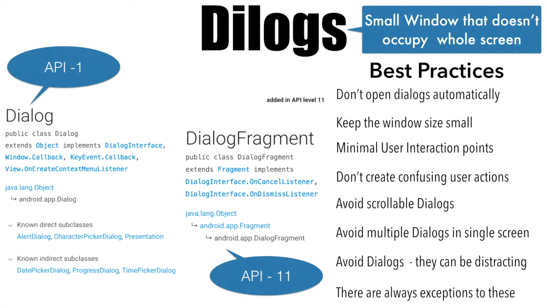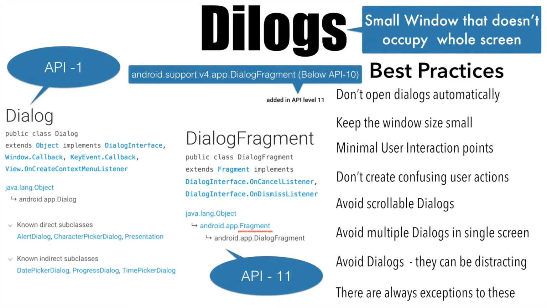And Android actually recommends that for all custom dialog implementation, you better use DialogFragment instead of using a Dialog. As you can observe, DialogFragment is actually a subclass of Fragment. And if you recall, in the fragment series, Fragment was also introduced in API level 11. What if you want to use DialogFragment before API 11, that is before Honeycomb?